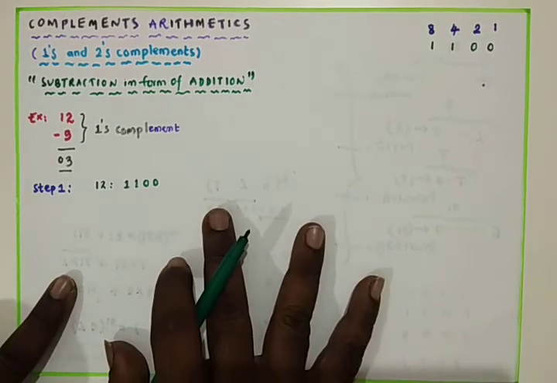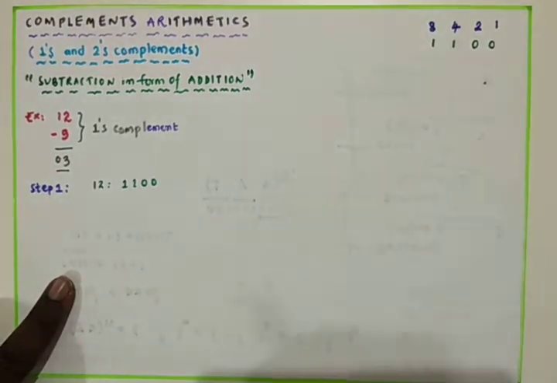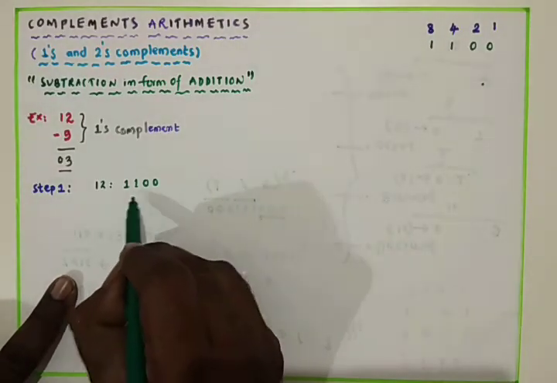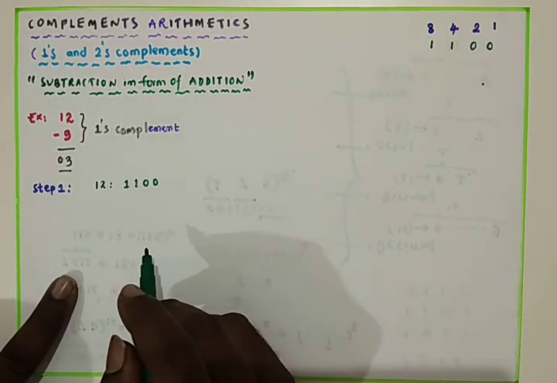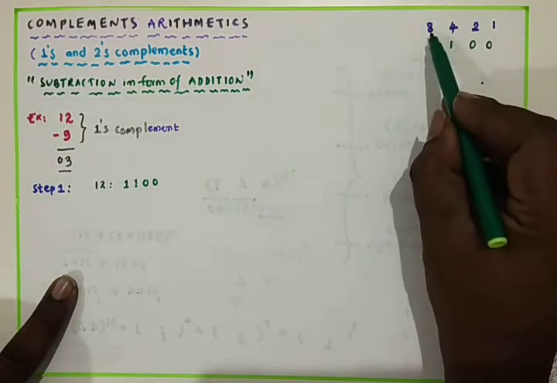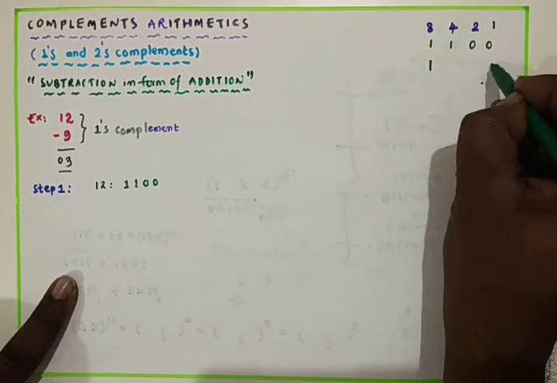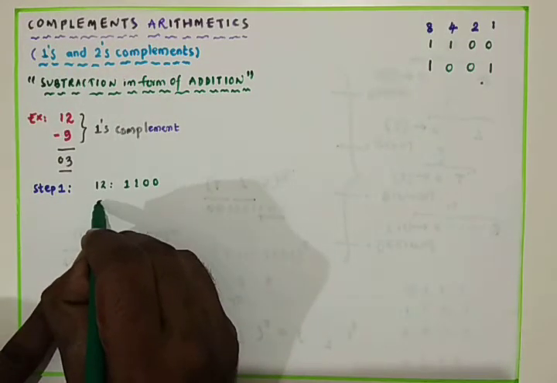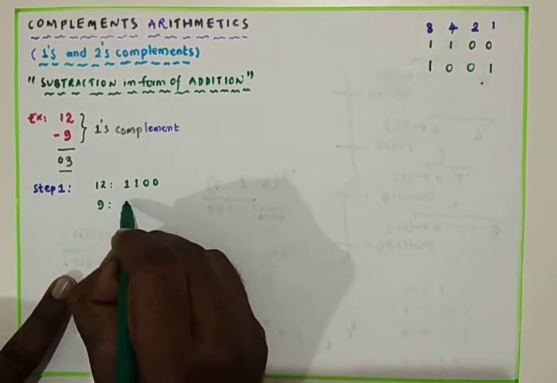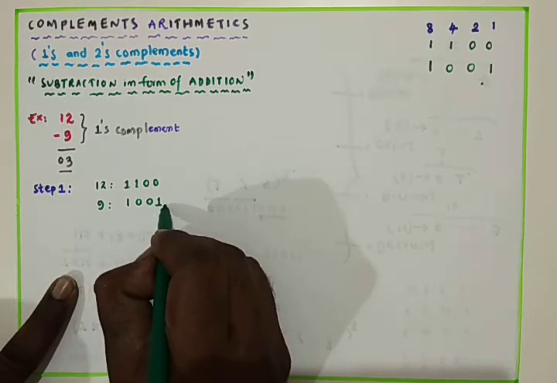Then we go with the 9. 9 means 8 plus 1. I require 8 and I require 1, so these two will be 0. I can write it as 1001. Step 1 is completed.